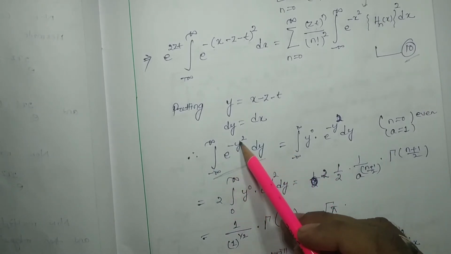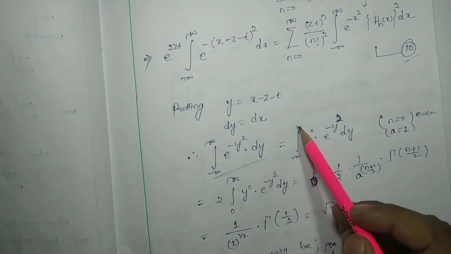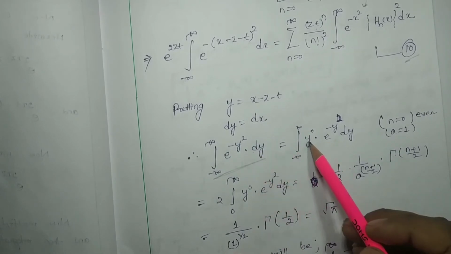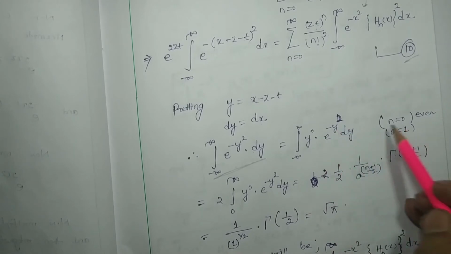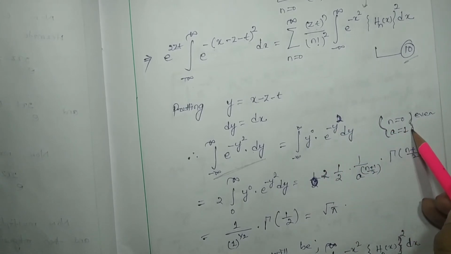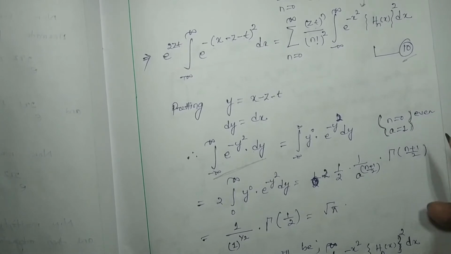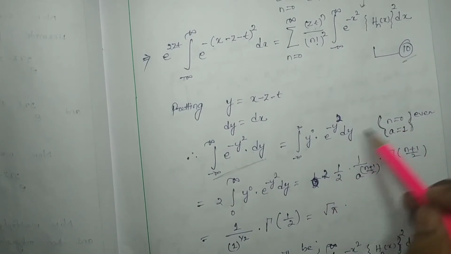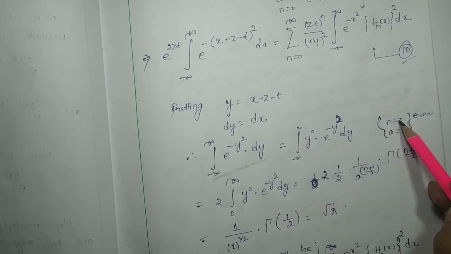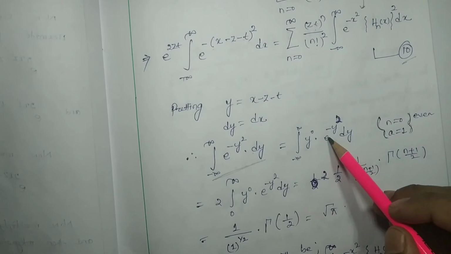Or this integration can be done with the help of the gamma function. See, the integral of e^(-y²) dy from minus infinity to plus infinity: here 1 can be written as y^0 e^(-y²) dy. If you watch that video on special integration, you can find that here n equals 0 and a equals 1.